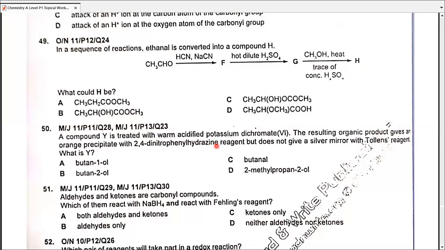Beta? Perfect. Can you draw F and G structure for me? Yeah, all right. You don't need to draw the hydrogen atoms, just the main skeleton. I'll skip those. Over here.